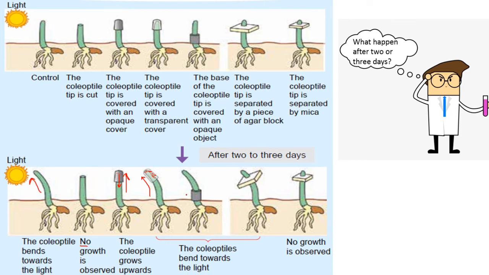For the one covered with the opaque object at the base, it does not affect the auxin distribution. As for the agar block, agar block is the medium that allows the diffusion of auxin. So auxin is produced here and diffuses across the agar block. But mica is the substance that prevents the diffusion of auxin. So no growth is observed.